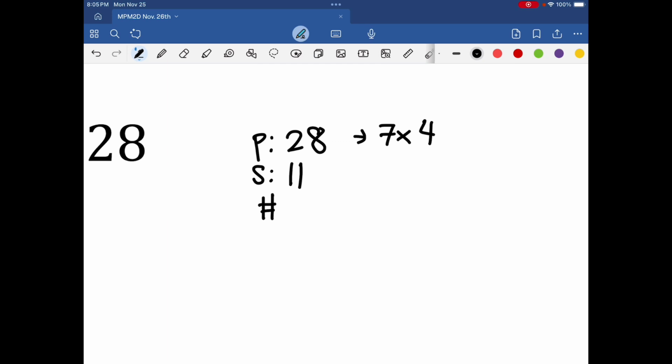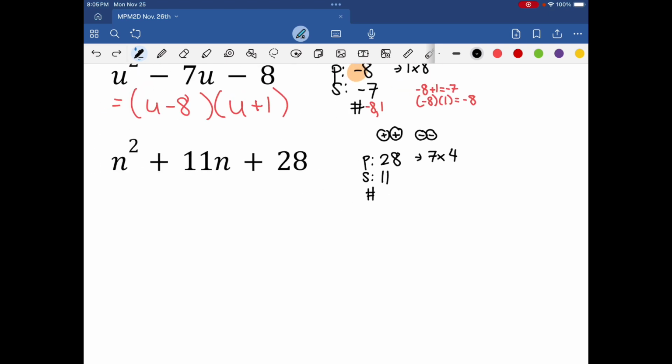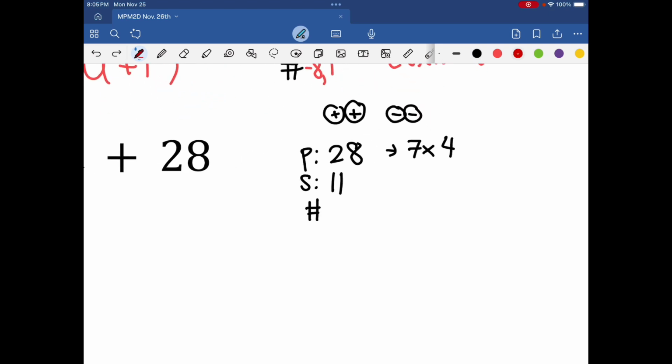But my product is positive, which means that both of my numbers are positive or both of my numbers are negative. And because my sum is positive, that means that I'm looking for two positive numbers.